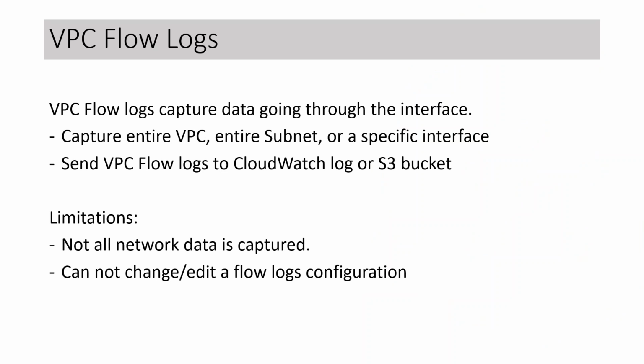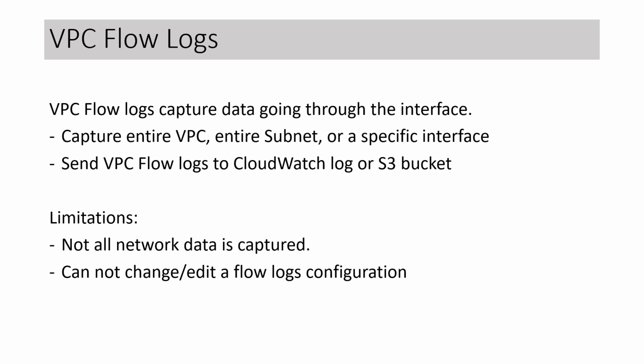It can capture the data going through an interface, and in a particular flow log, which will have a name that you can call it, it'll store all the logs related to the configuration inside that workspace. You can say every network connection in that VPC, keep track of it.